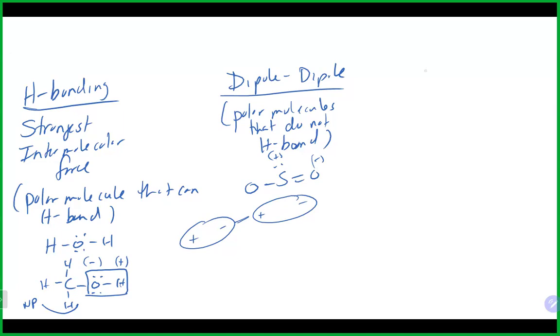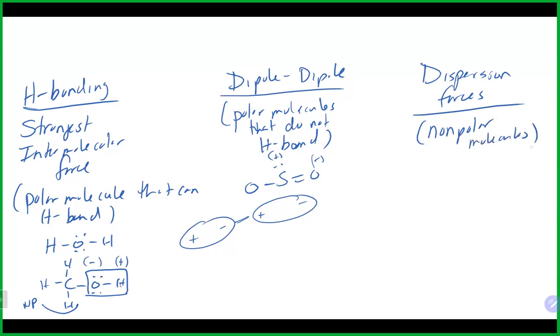The weakest of all of them are dispersion forces. And those are pretty much your main source for our nonpolar molecules. We also saw CO2 as an example of that. This is pretty much the force that they're going to use.